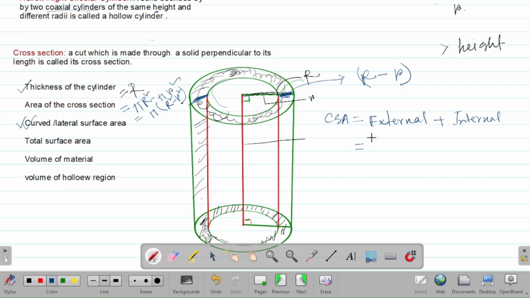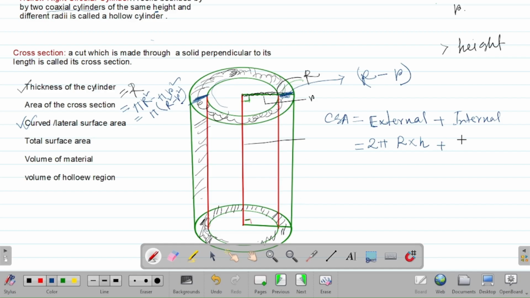If we find the outer curved surface area, the circumference of the outer circle is 2 pi capital R. If you multiply this circumference by h, we get the outer curved surface area.